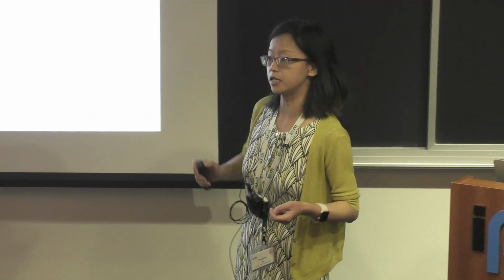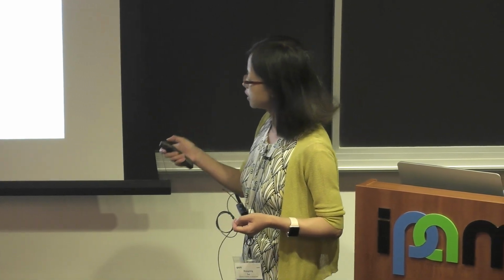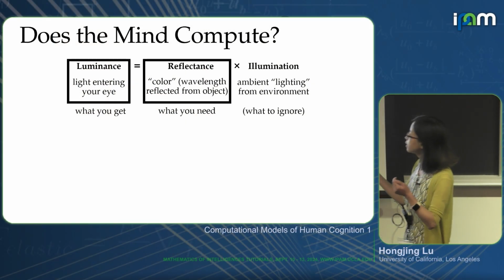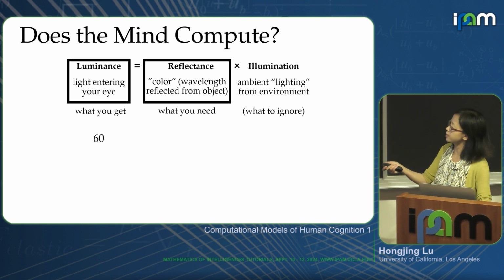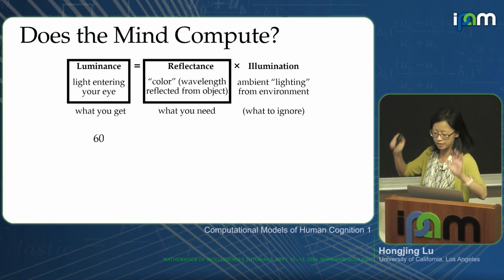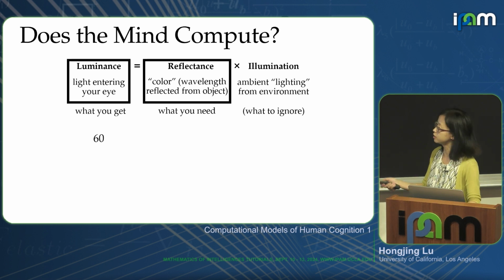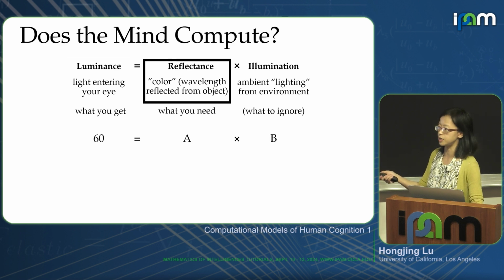So this to me is a computational problem because what you get is the product of these two entities here. If I have a number, and I really simplify the computation, what you get is a number, 60. But the 60 is the product of these two entities, A and B. What you really want to get is the A. What's the A's value?